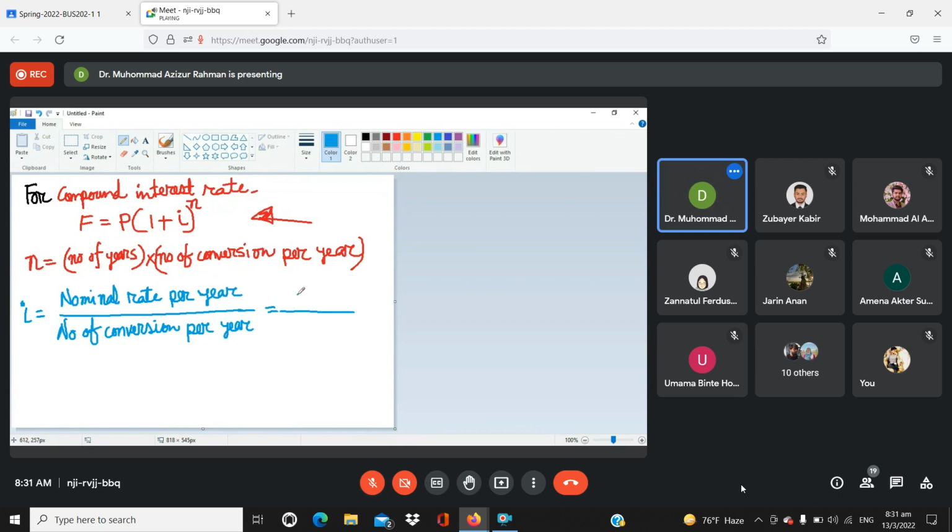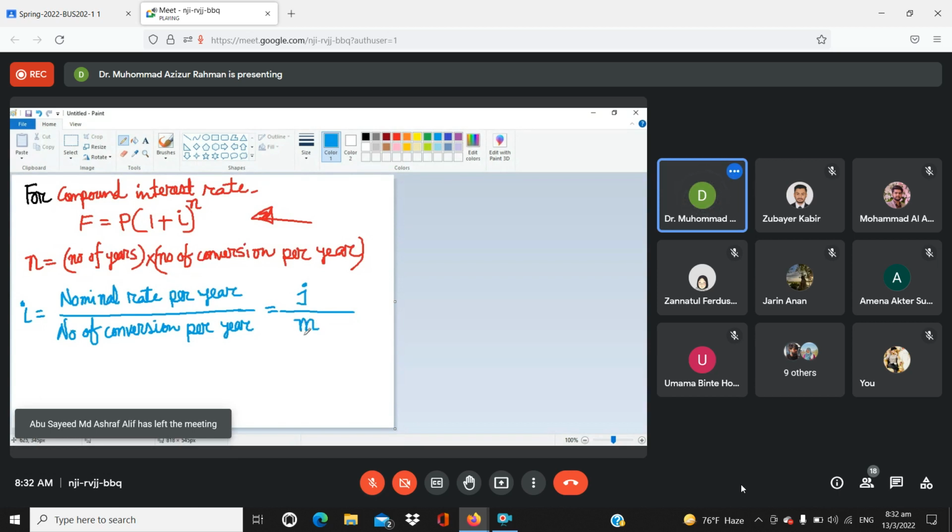So your nominal rate is the usual interest rate, and if the number of conversions is m, then we say m here. If you convert 2 times, then the value of m should be 2.